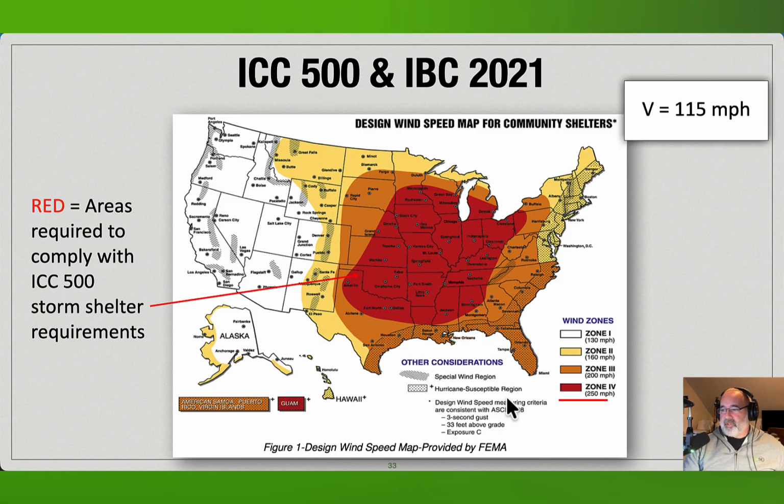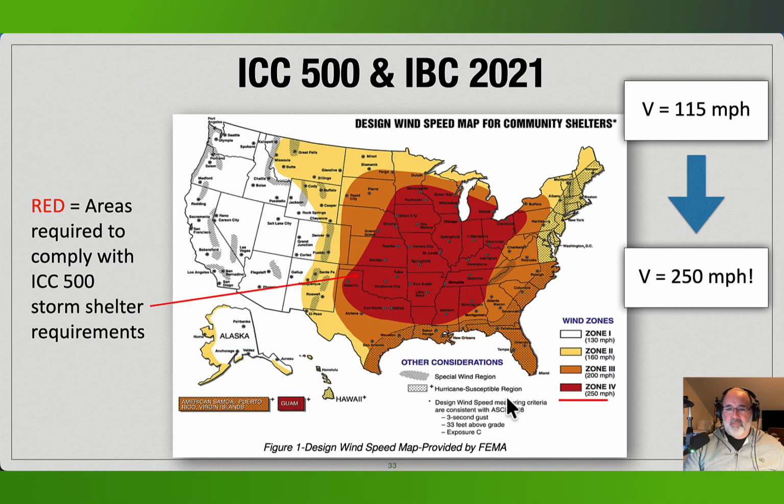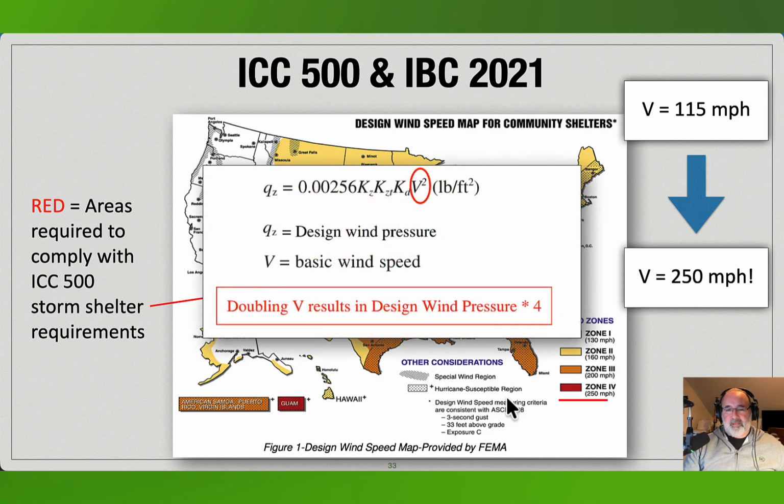So again, just a really quick example. Maybe a typical wind speed might be 115 miles per hour versus a wind speed of 250 miles per hour. Doubling that velocity is certainly going to make the pressure 4 times greater. That's a really important factor to remember.